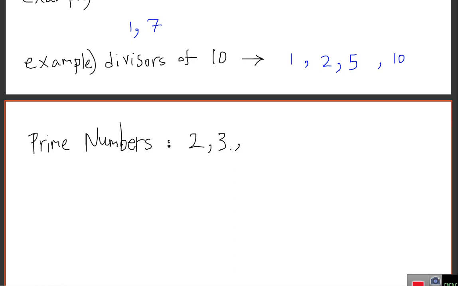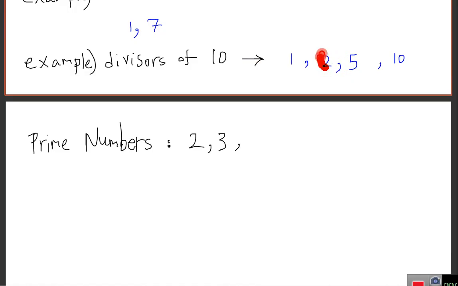For example, let's examine some more. When we wanted to find the divisors of 10, we examined 2 and then we said yes, 10 is divisible by 2. So 2 is a divisor. When 2 comes, 5 comes also.